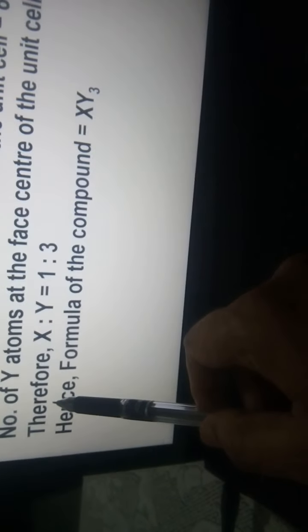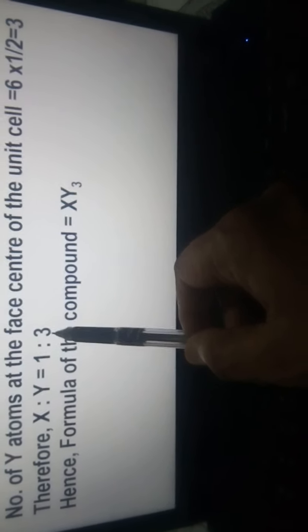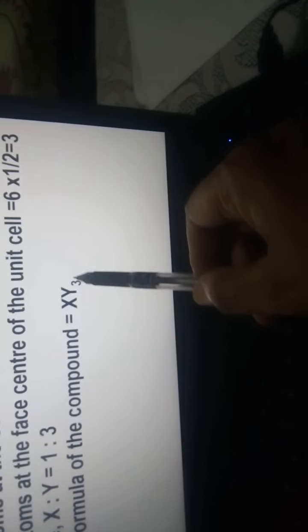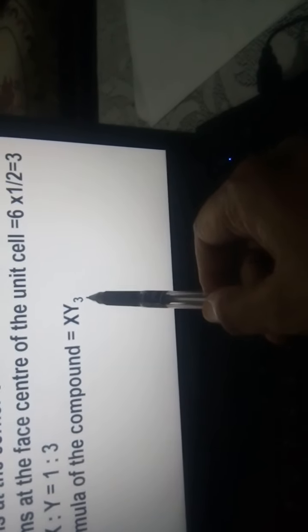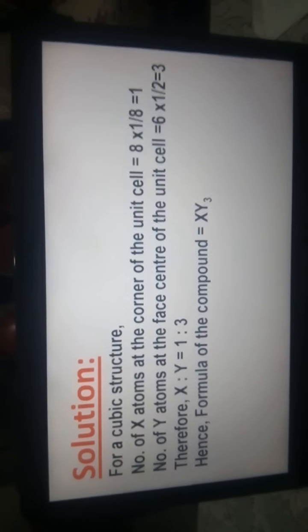Therefore the ratio of X is to Y is equal to 1 is to 3, and hence the formula of the compound will be XY3. If X is 1 in number, then Y will be 3 in number. So this is the solution. This way, from the study of the crystal lattice, we can determine the formula of a compound.